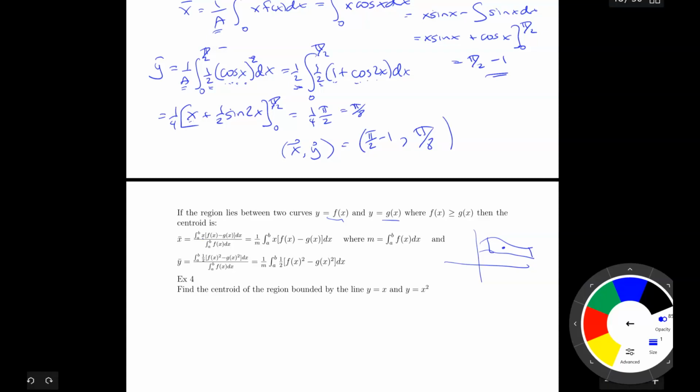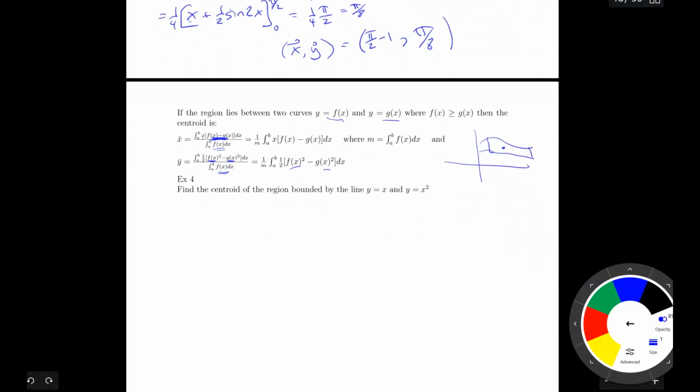So it's x times f of x minus g of x instead of just f of x. And then for this one, we take 1/2 the f of x squared, subtract the g of x squared. So we square each of them individually, and we still have this area down in the bottom, which is the m. So just a little bit more for the integrals.